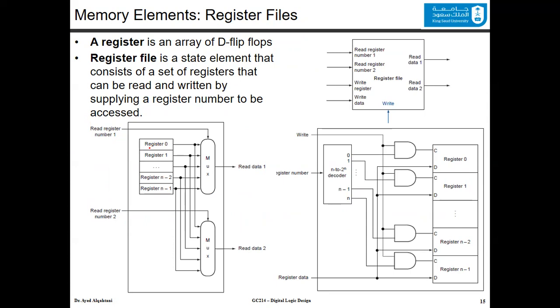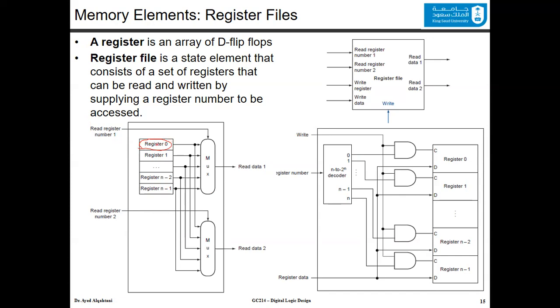If you have n registers, this is going to be register 0, register 1, and so on, up to register n-1. Now, each one of these registers is an n-bit, or let's say m-bit register, meaning it has m flip-flops.